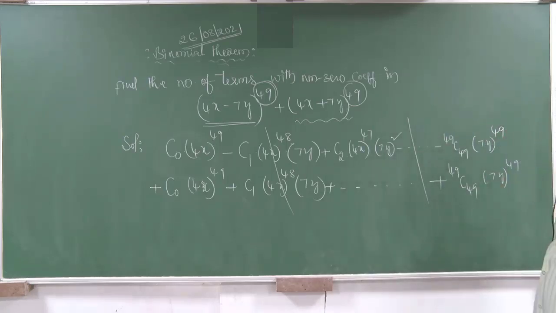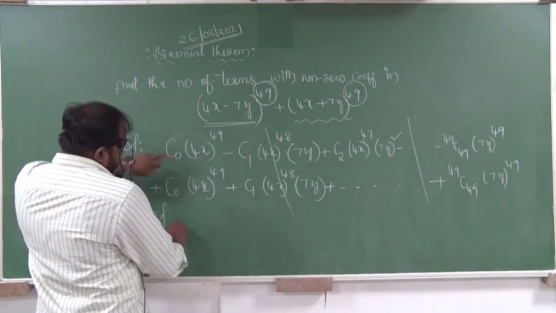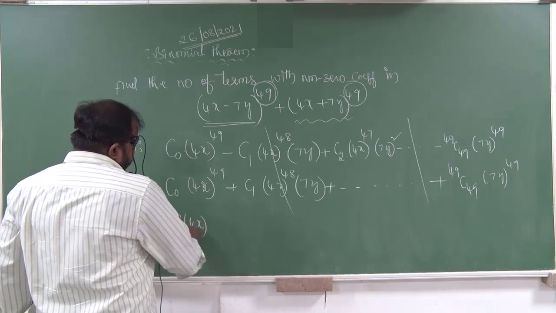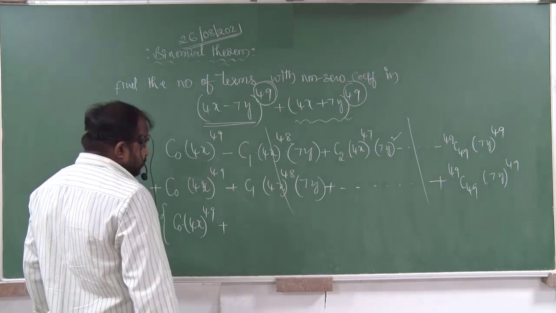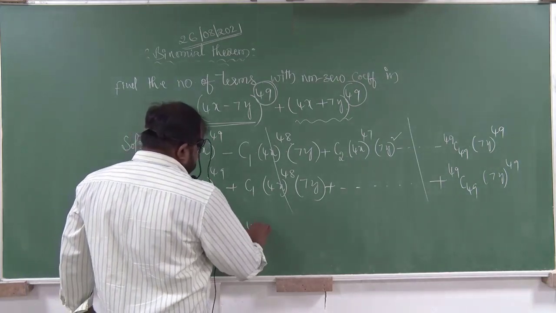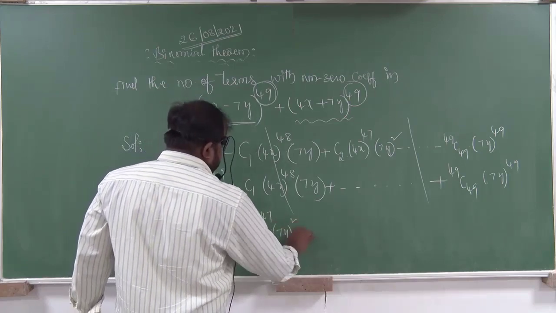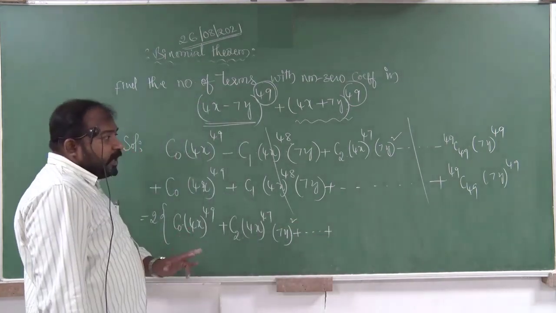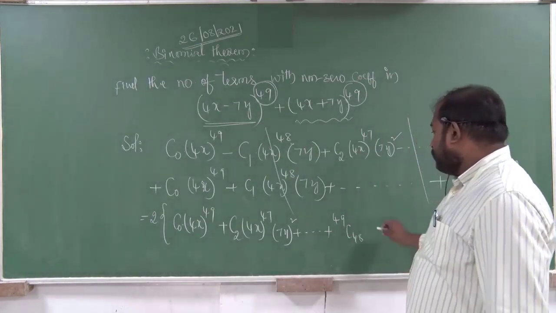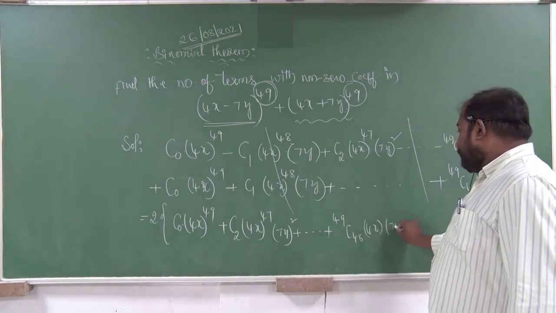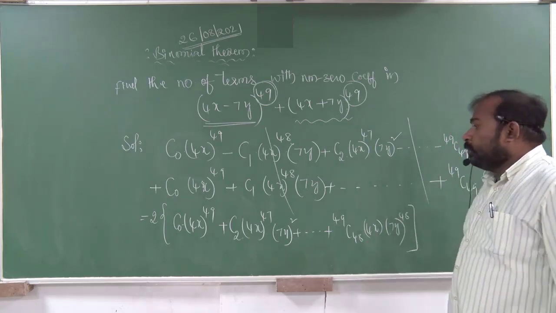Then what are the remaining terms? 2 times C0 into (4x) whole power 49, plus C2 into (4x) whole power 47 into (7y) whole square, like that, till 49C48 into 4x into (7y) whole power 48. Like this you will get the value.